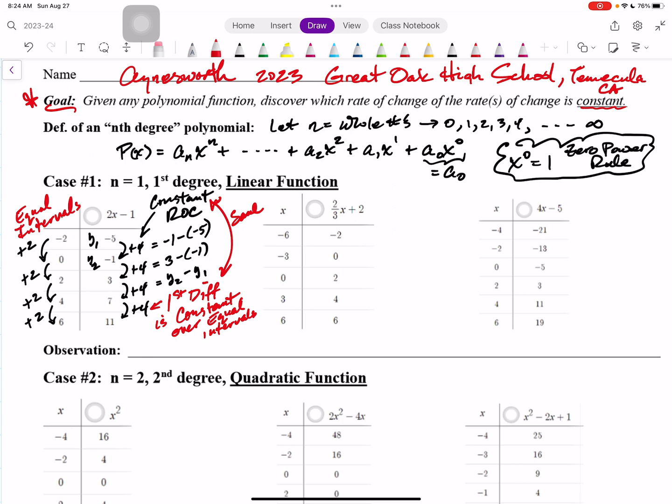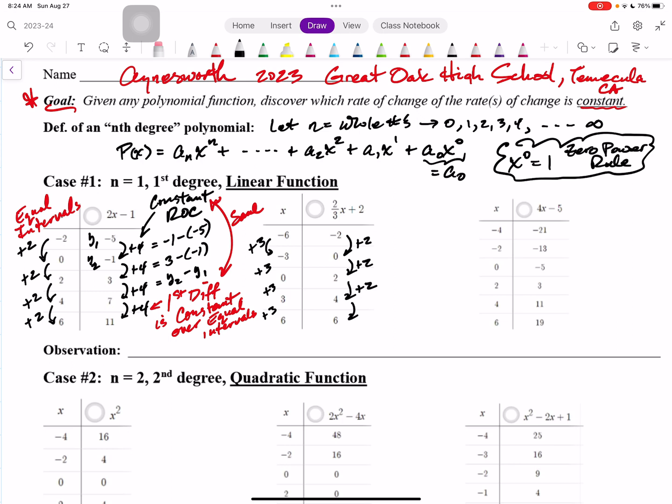All right, so now let's apply it on the second one. First of all, on the second table here, our interval looks like it's 3. So +3 again, +3 again, +3 again. So we have equal intervals on the left. What's going on on the right? Let's take a look at the first difference, or the rate of change. -2 to 0 is a +2, 0 to 2, +2, 2 to 4, +2.